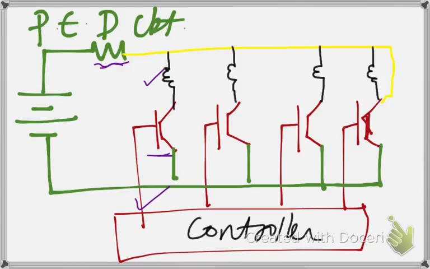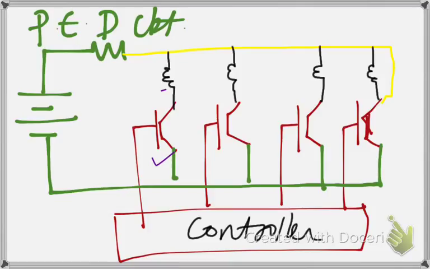In the same way, when this switch is on, this winding is energized. When this switch is on, this winding is energized, and so on. Now if we look at the other side, the same problem occurs when we turn off the switch. When the switch is turned off, the current left over in the inductance doesn't dissipate quickly, because it doesn't have a path to dissipate.